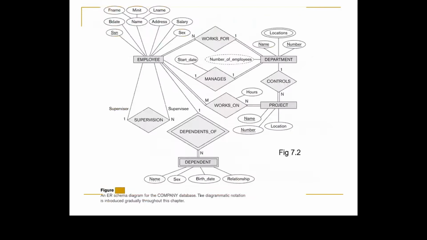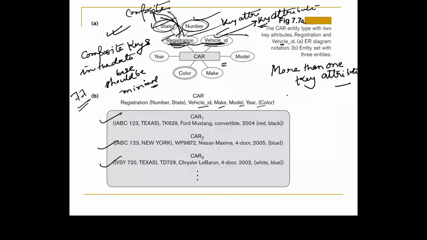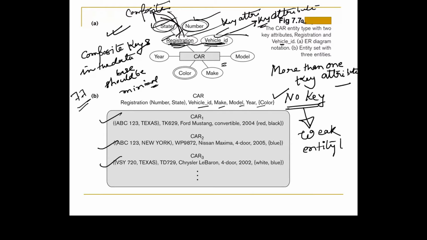So no key is also a possibility. Some table might not have any key. So if any entity type has no key, then we call that a weak entity type.